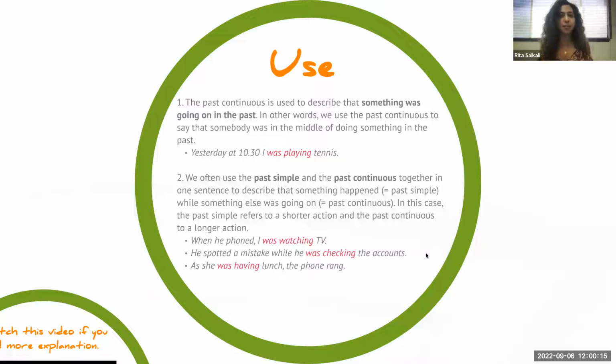So if it wasn't interrupted by something, it would have continued. In other words, we use past continuous to say that somebody was in the middle of doing something in the past. But then something happened and it stopped him from doing whatever he was doing.